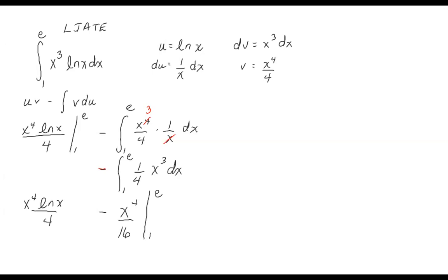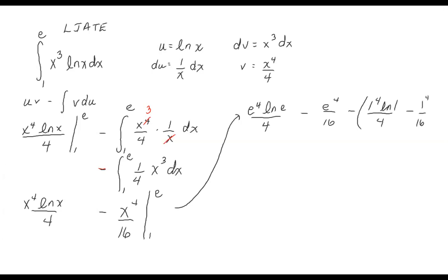So let's plug in the e first. e to the fourth times ln e over 4 minus e to the fourth over 16. And then plug in 1 to the fourth ln 1 over 4 minus 1 to the fourth over 16.